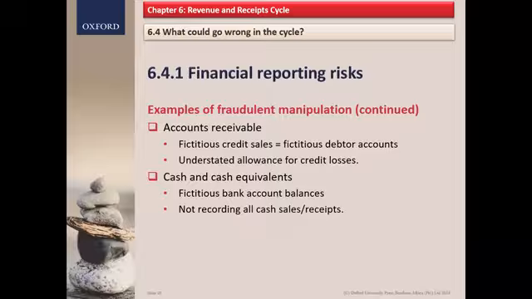Credit losses will be your adjustment for bad debts, as alluded to before. If you understate those, then your financial statements will not be fairly presented. Also, fictitious credit sales will increase sales at the same time increasing debtors, thus causing both to be overinflated.